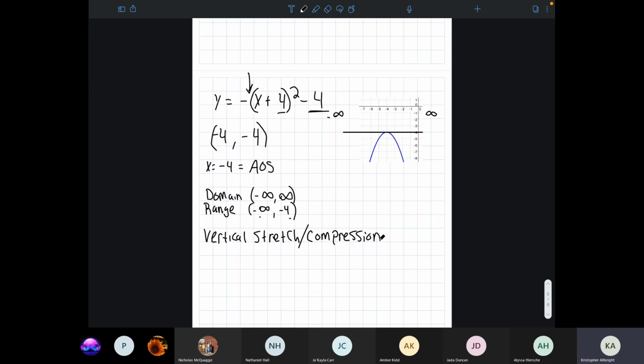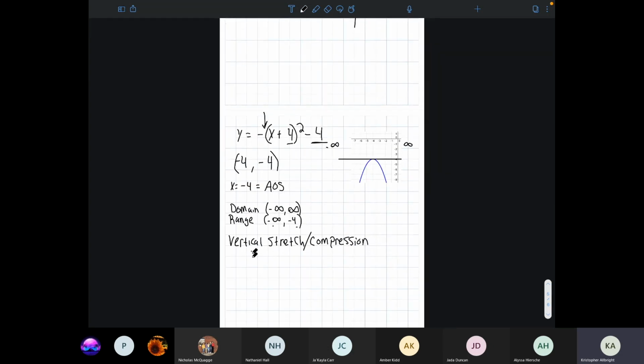It doesn't change at all. If you have a number greater than one, you're going to have stretch. If you have a number smaller than one, or a fraction, you're going to have compression. But for this, we don't have any. So I'm just going to put one or none or however they want you to write that. So for stretch and compression, you put none? That's what I would put, yes.